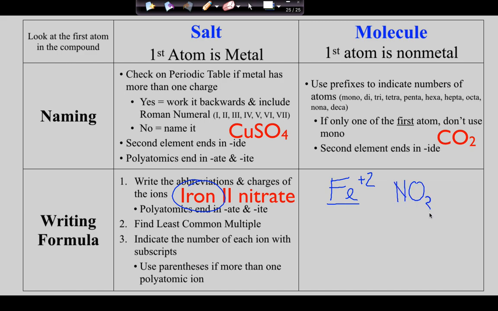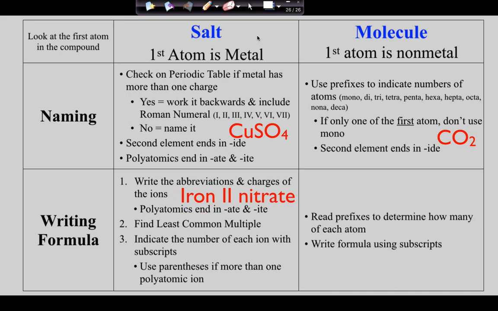Nitrate is NO3, and it's minus 1. Then we find the least common multiple of plus 2 and minus 1, and that's plus or minus 2. That means we need 1 iron, and we need 2 nitrates. That's NO3 in parentheses 2, because we need 2 of them, and that would be iron 2 nitrate.